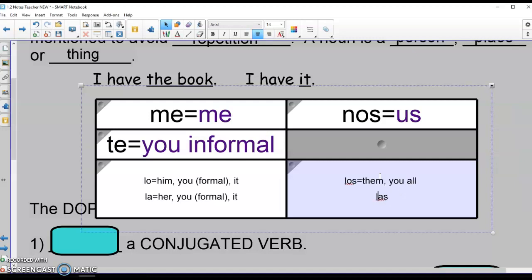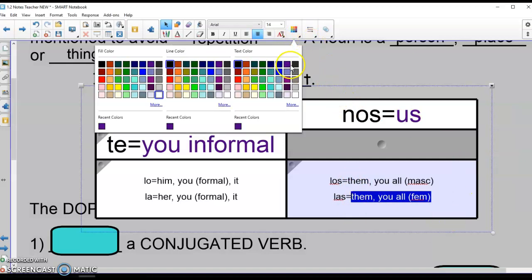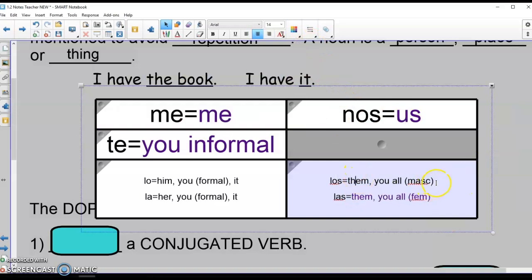Las can mean them or you all. But remember the difference here. This is a masculine version, and this is a feminine version. So this is going to seem a little confusing right now, but once I show you some examples, you'll understand what I'm talking about with the lo, la, los, or las.